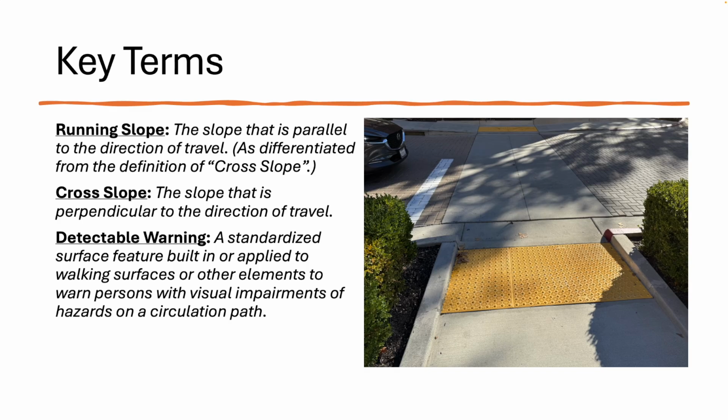Next, this will only come up a little bit in this presentation, but detectable warnings. They are a standardized surface feature built in or applied to walking surfaces or other elements to warn persons with visual impairments of hazards on a circulation path. The hazard here is typically a vehicular way.